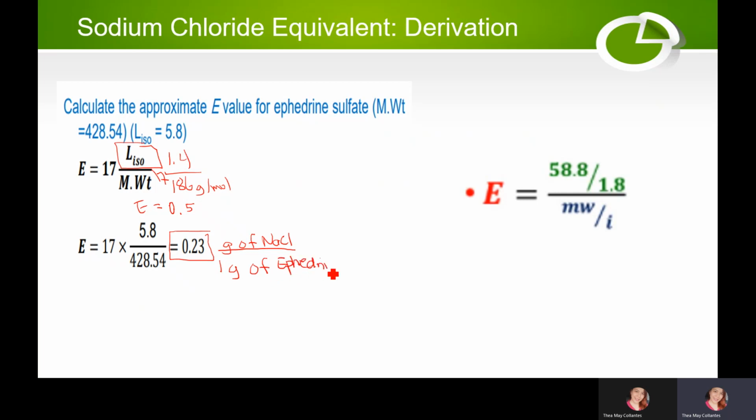So that we won't be confused in the future in our calculations. Guys, got it? It is sodium chloride equivalent because you converted the amount of your ephedrine sulfate to that of your NaCl. Okay?